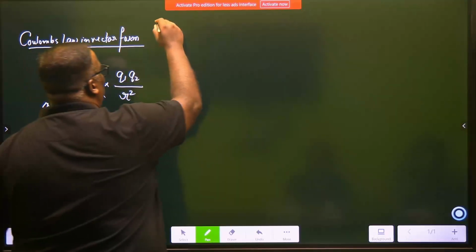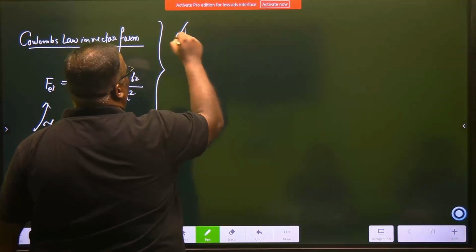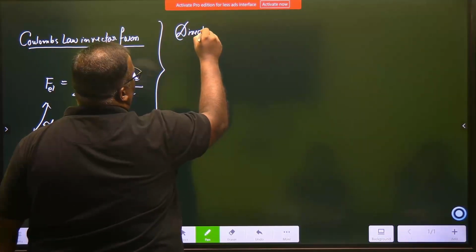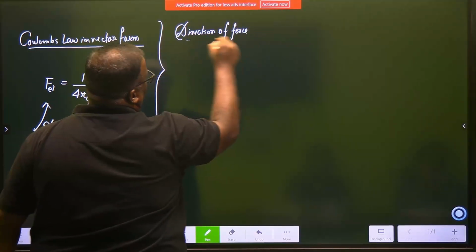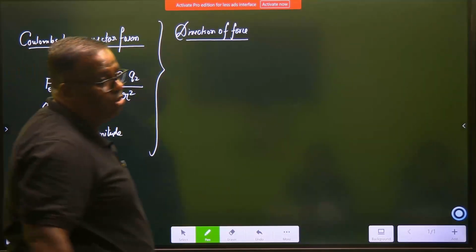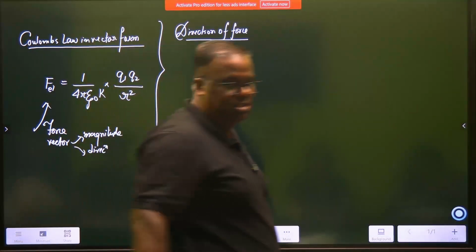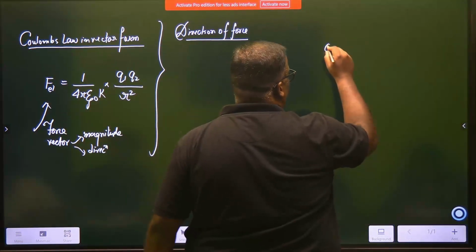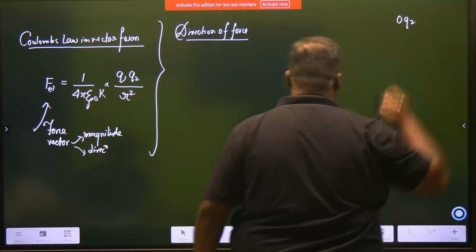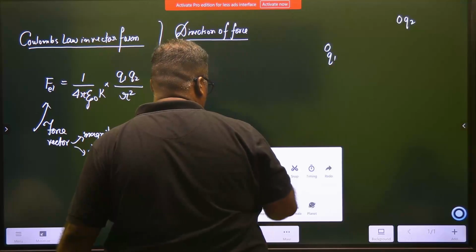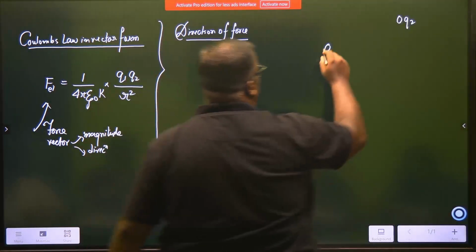Now a little bit more groundwork on that. When I talk about the direction of force, we have already studied that the direction of the force is along the line joining the two charges. So let's say I have a charge Q1 and a charge Q2, and I should first have a line that joins the two charges.